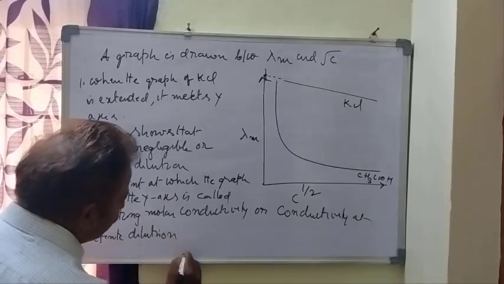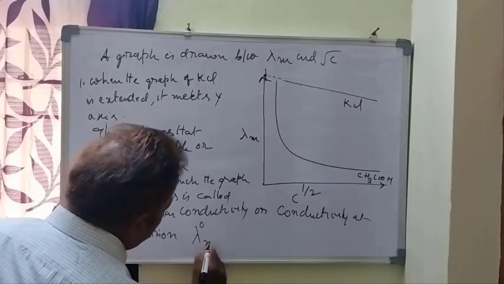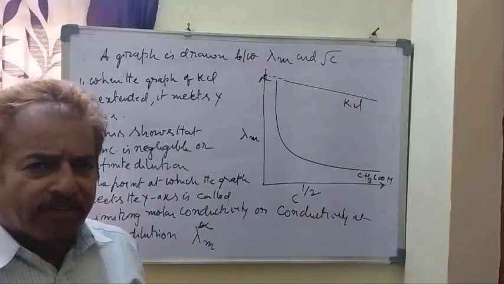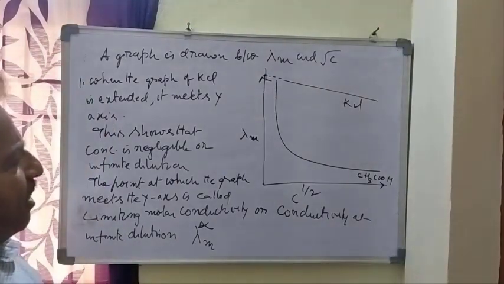And of course it is denoted as lambda naught m. This is for strong electrolytes. So for strong electrolytes we can find the limiting molar conductivity by extending the graph.